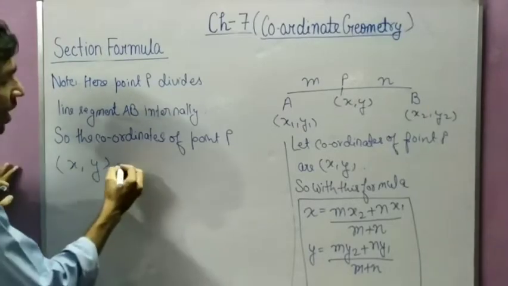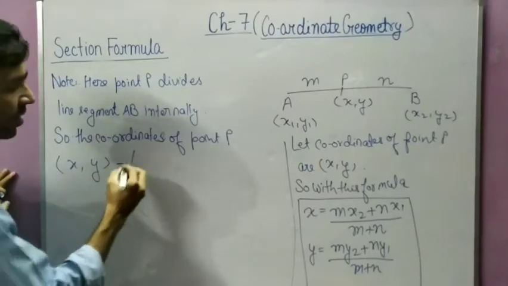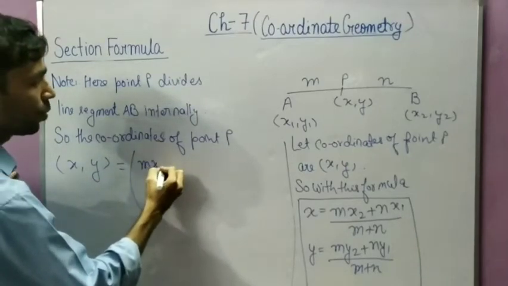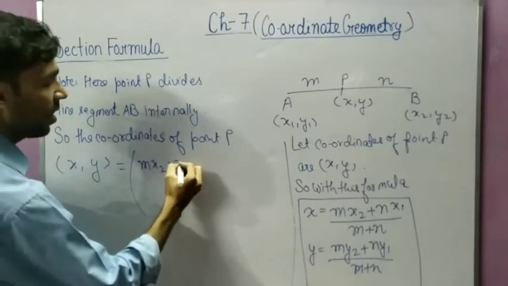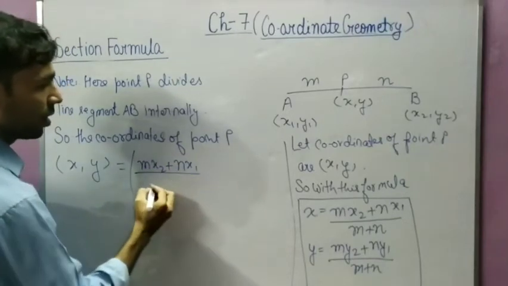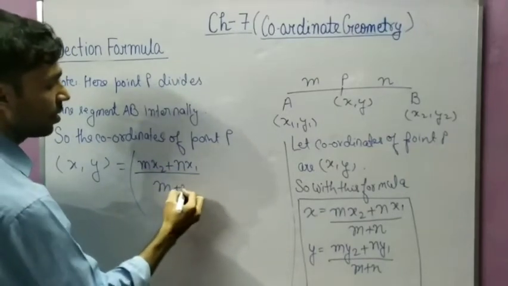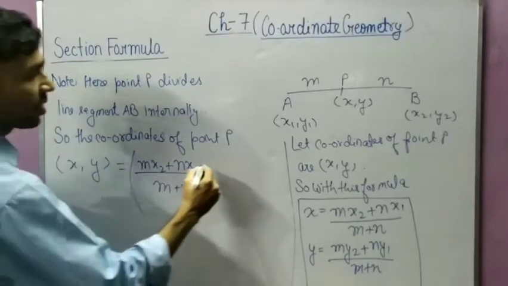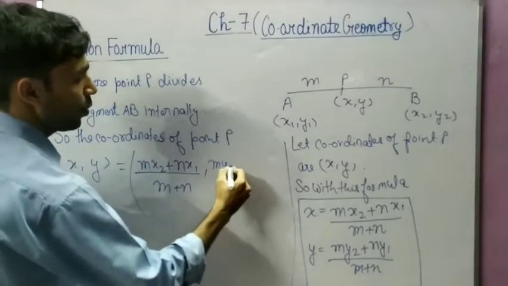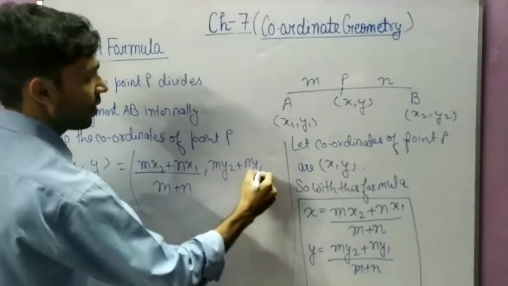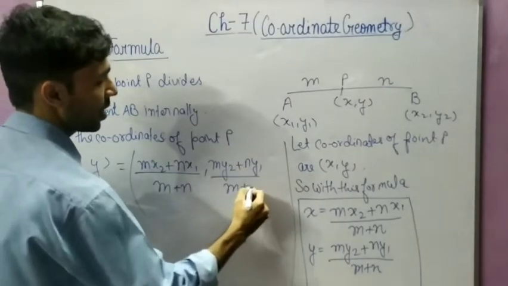So the value of x is m x2 plus n x1 upon m plus n, and value of y is m y2 plus n y1 upon m plus n.